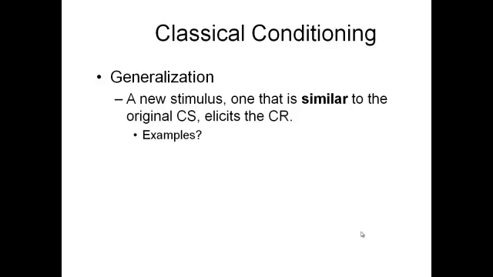With generalization, you can be presented with a new stimulus, one that is similar to the original one, and that would elicit the conditioned response. What if there was some kind of a knockoff version of your boyfriend's cologne? It smells slightly different than what your boyfriend wears. But it is possible you might generalize. You might have that physiological arousal to the smell of the knockoff cologne.